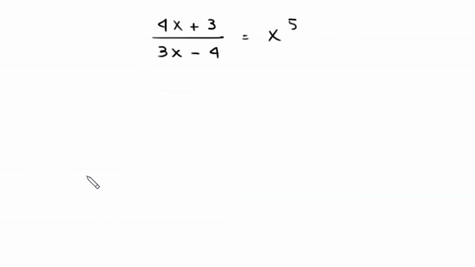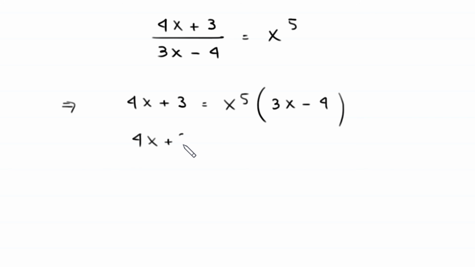Now if we multiply both sides by this denominator 3x minus 4, this implies that 4 times x plus 3 is equal to x to the power 5 times 3 times x minus 4. Next, 4 times x plus 3 is equal to x to the power 5 times 3x will become 3 times x to the power 6, and x to the power 5 times negative 4 will become negative 4x to the power 5.